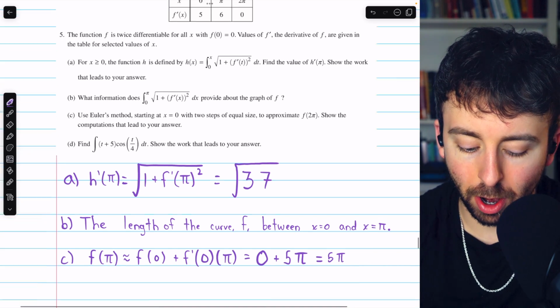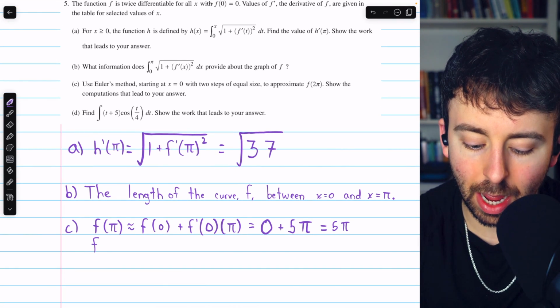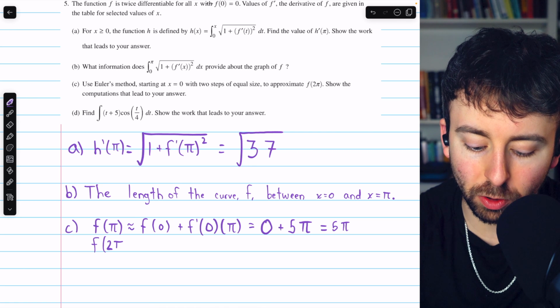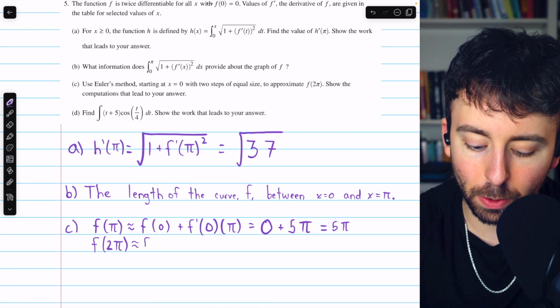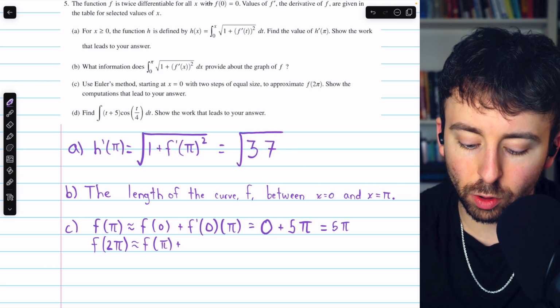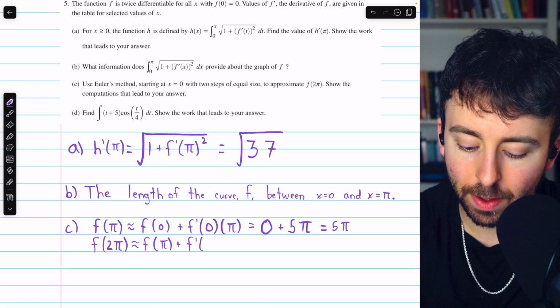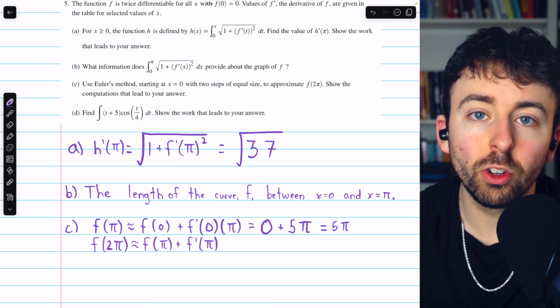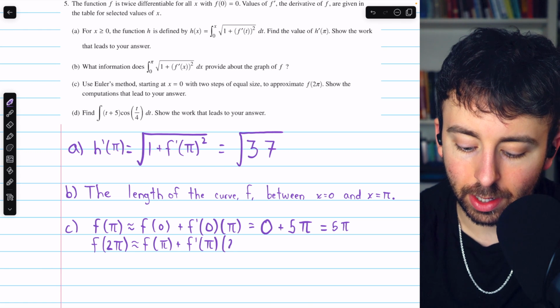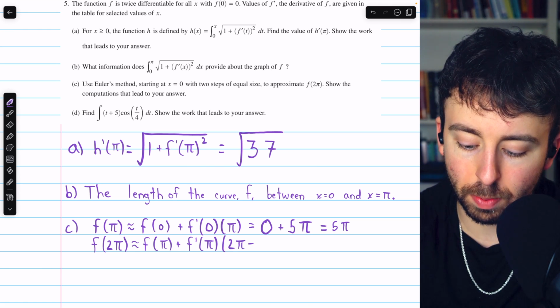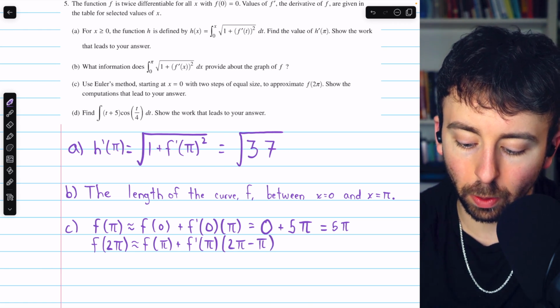And now we can do this process again to take another step forward and get an approximation of f of 2 pi. F of 2 pi is about f of pi plus the derivative of f at pi multiplied by the change in x. If we're going from pi to 2 pi, the change in x is just 2 pi minus pi, which of course is pi.